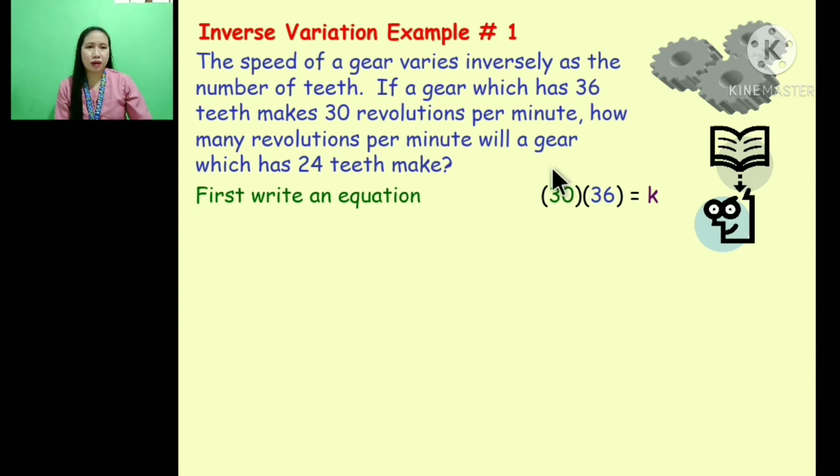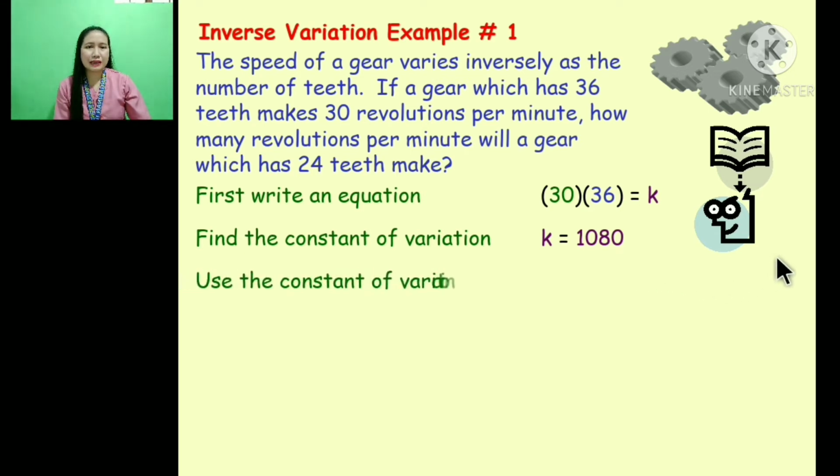We have our y, which is 30, and our x is 36. If we multiply those quantities, we will get the constant of variation, which is k is equal to 1080.